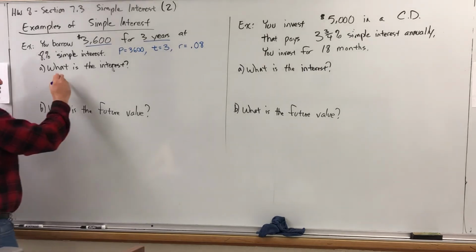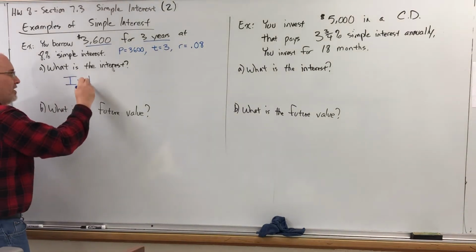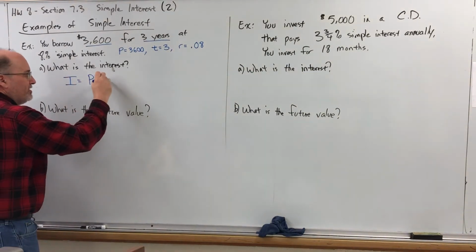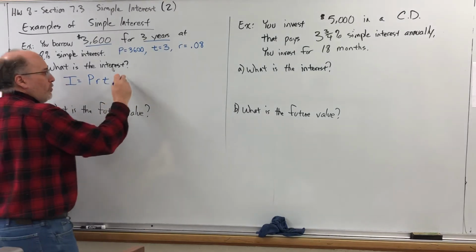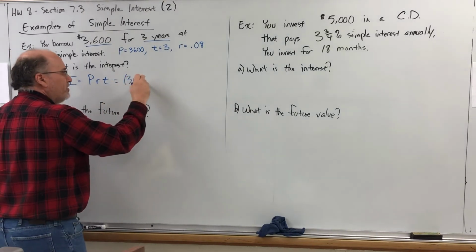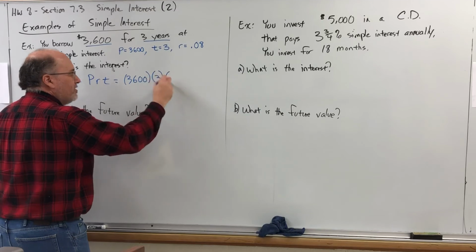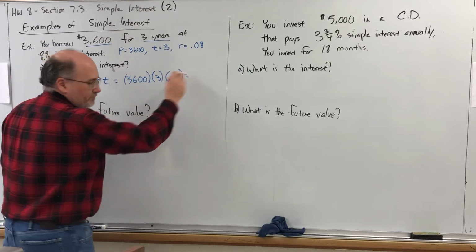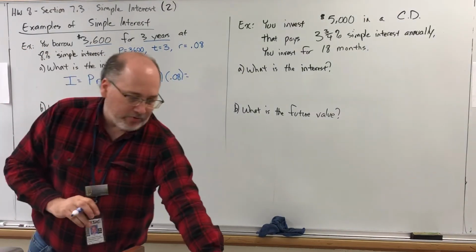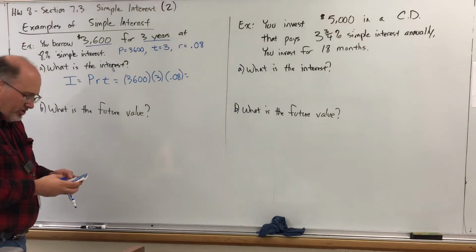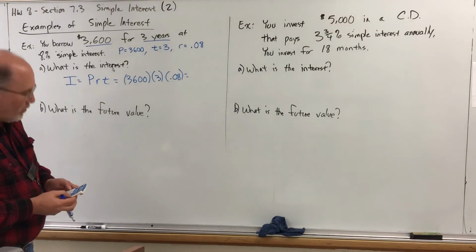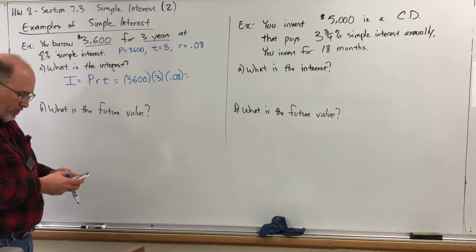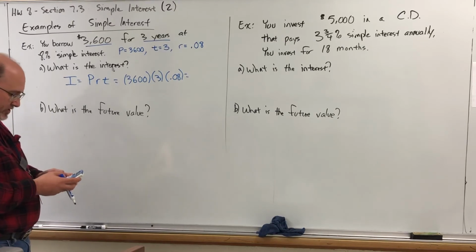And to calculate the interest, we simply have to multiply principal times interest rate times time. So we're going to multiply 3,600 times 3 times 0.08. So be sure to have a calculator ready. This is the first section in the previous material where having a calculator isn't just a convenience, it's downright a necessity.